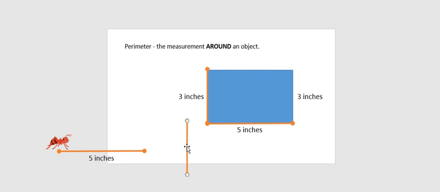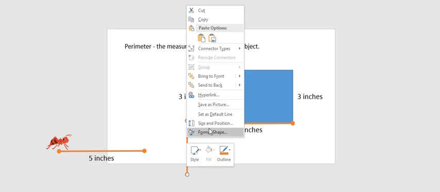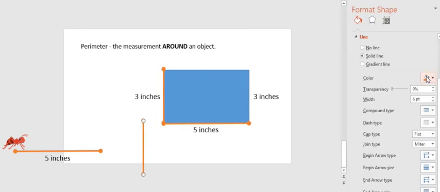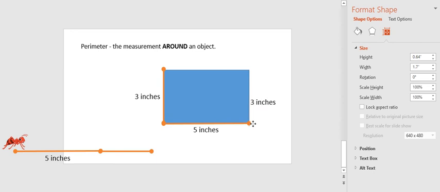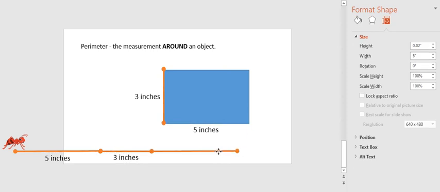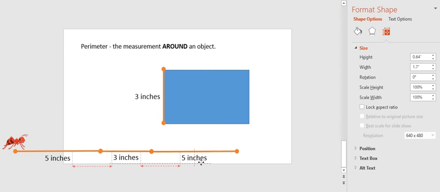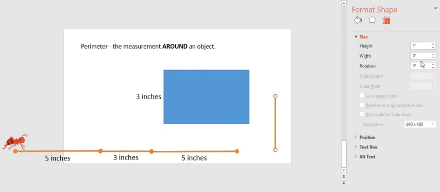And then let's get this thing turned around. Format the object here, and we can rotate it 90 degrees. So now we are right here, and we'll take our 3 inches right there, and then grab this 5 inches right here, and then we have our last 3 inches right here.